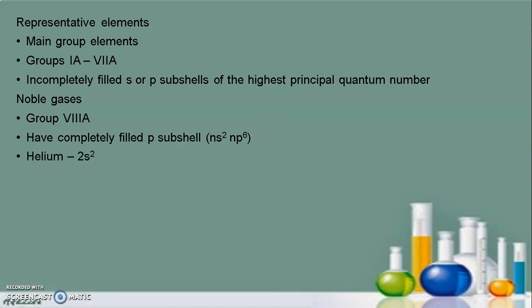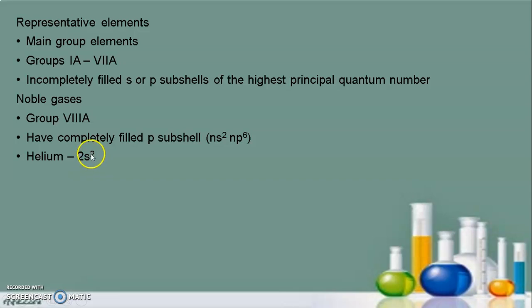Now, in the noble gases, you have an exemption to the definition of a completely filled p subshell. In helium, you have a 1s2 electron configuration. So, the outermost or the highest principal quantum number has only s2 as being completely filled.